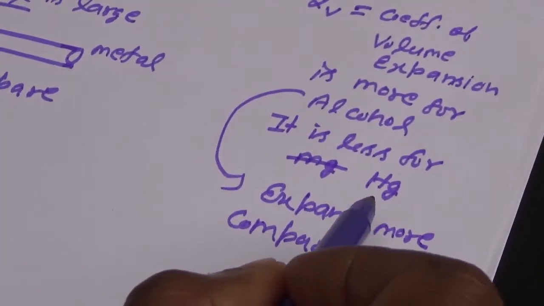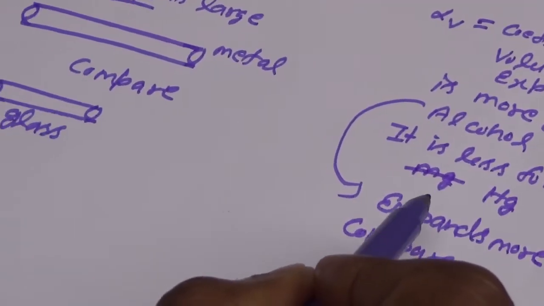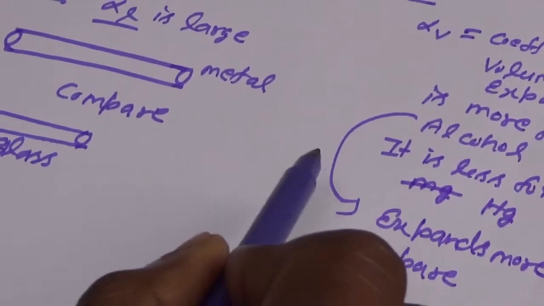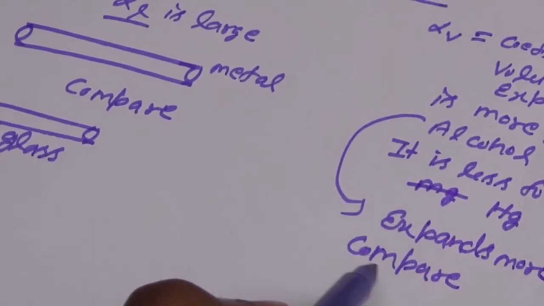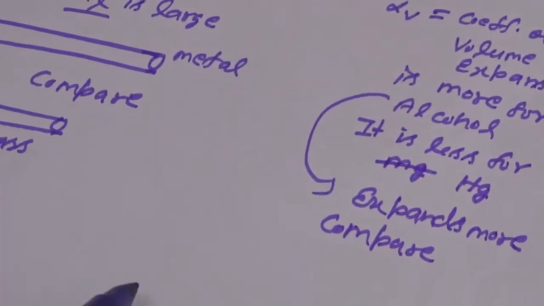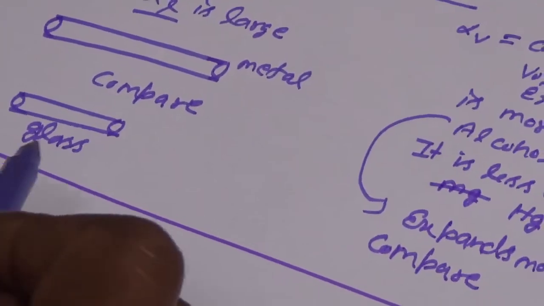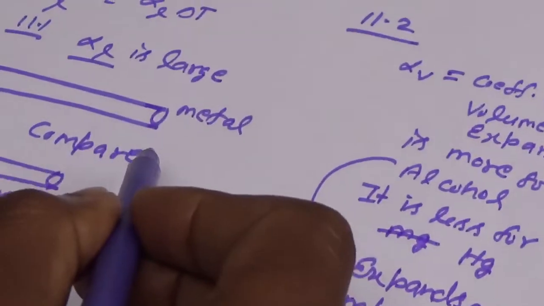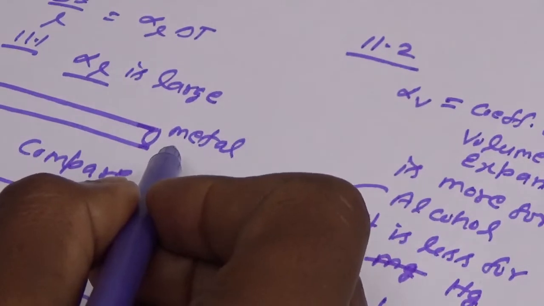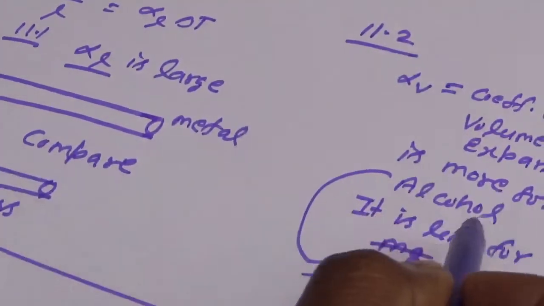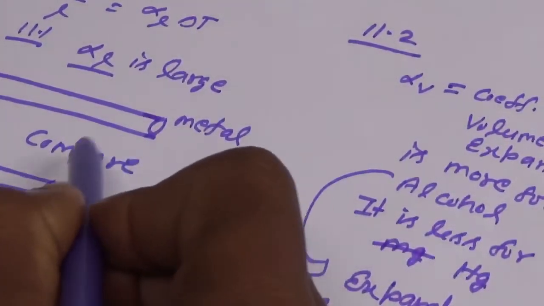You can study this from your NCERT book, table number 11.2. So students, here we have told you that metal has greater expansion compared to glass for the same increment in temperature.